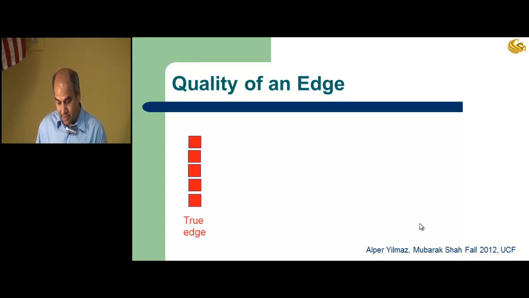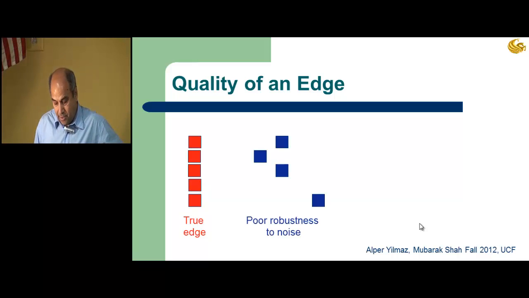So here's the example. The true edge is like this. Each of these pixels shown in red is an edge point. Edge point means there's a change. On this side is one intensity value, on this side is another intensity. They differ, so there's an edge. This should be an edge, because there's a carpet and there's this wood thing. So that's a true edge. Now it may happen you will get edges like this.